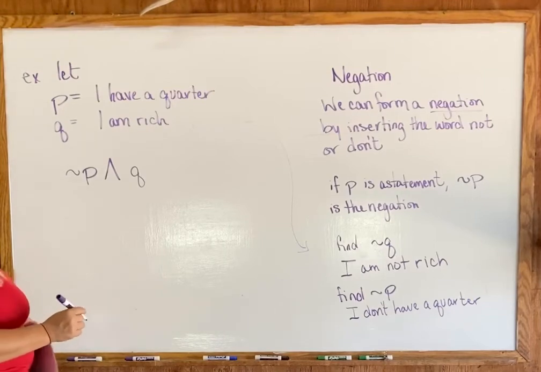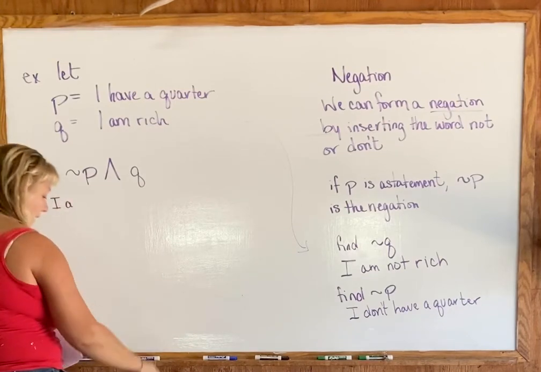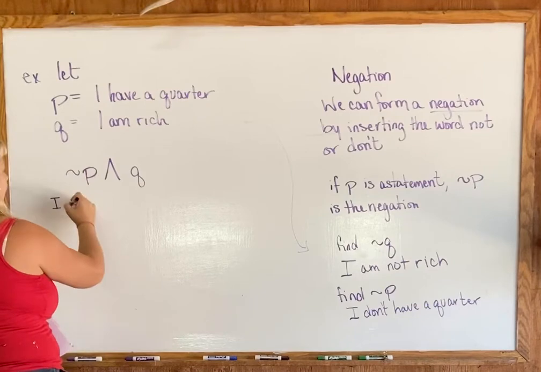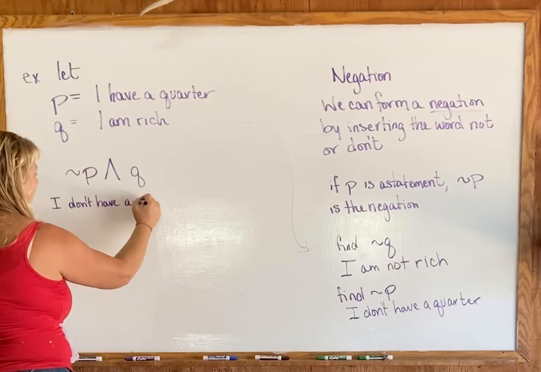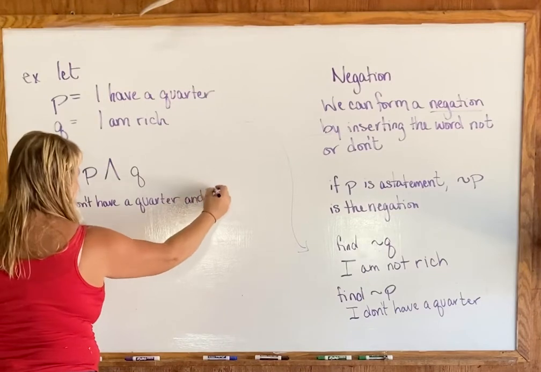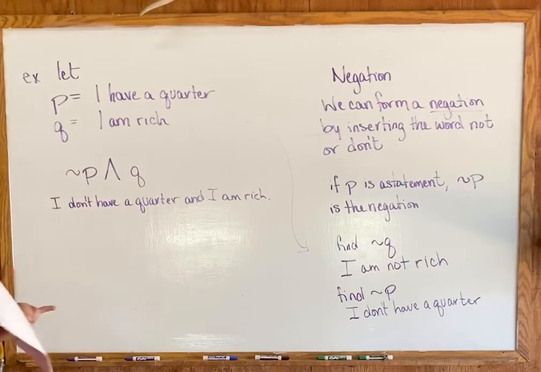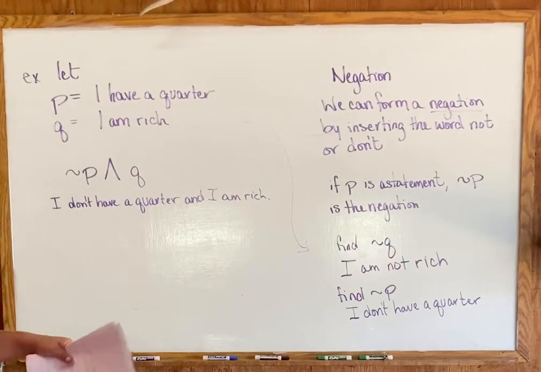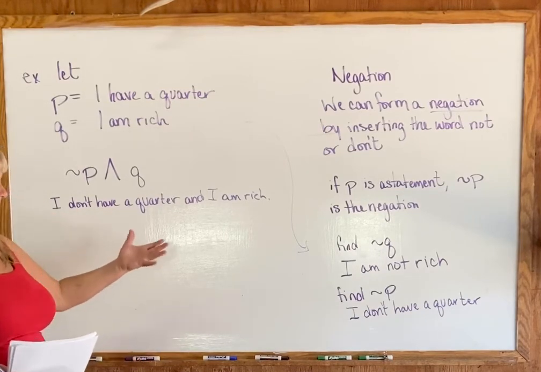So not P and Q, remember that means and, is gonna be I don't have a quarter and I am rich. Okay. Now remember, again, these statements, they don't necessarily need to be, like I said, true. They don't even need to make sense. So I don't have a quarter and I am rich. That kind of doesn't really work, does it? But that's not the case. It's still a statement, okay? It's just a statement that's probably false.